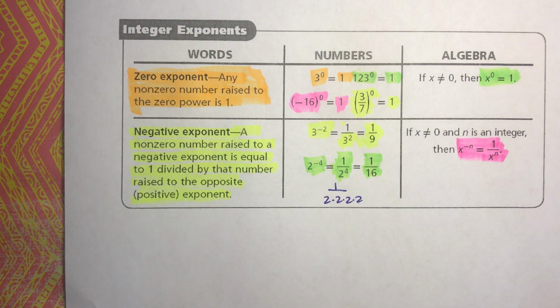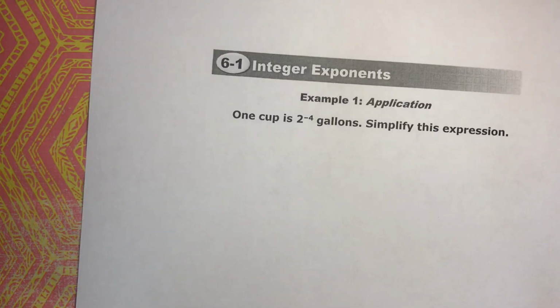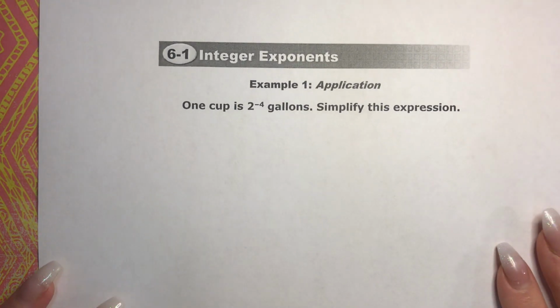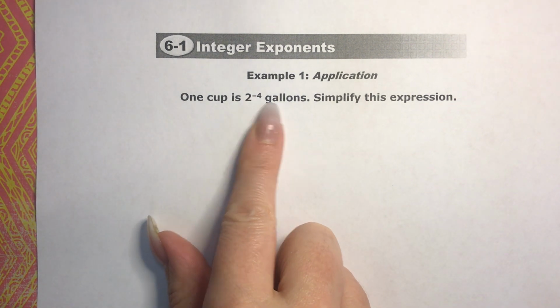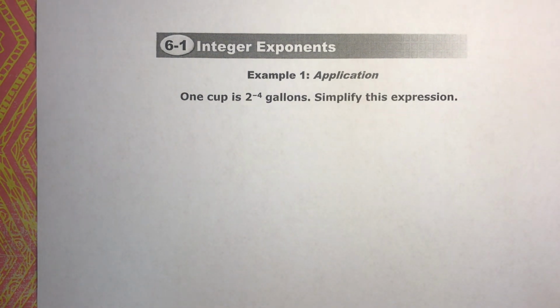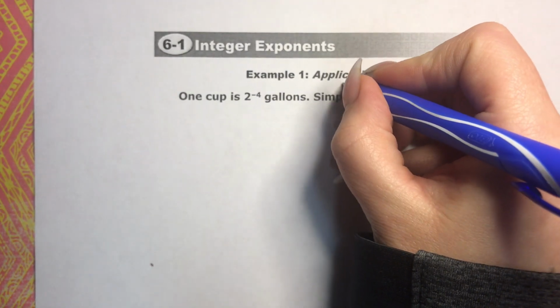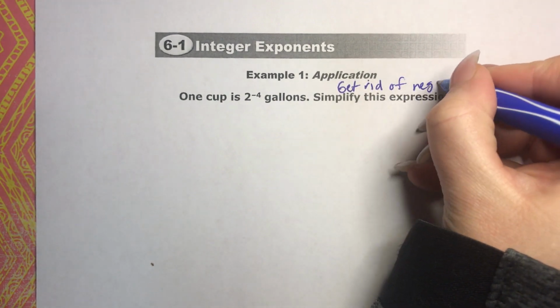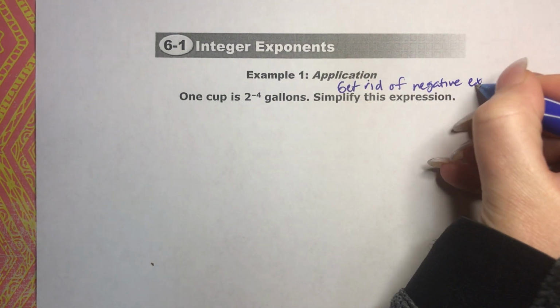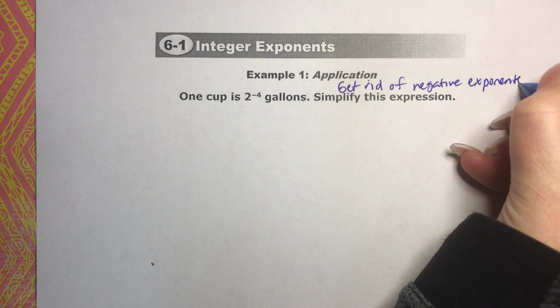All right, so let's look at an example. So here, example 1, we're looking at this application. So it says 1 cup is 2 to the negative 4th gallon. We need to simplify this expression. Whenever you see simplify the expression, you can think about that as get rid of the negative exponents. Okay?